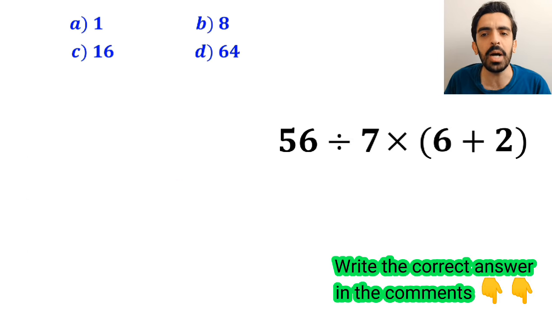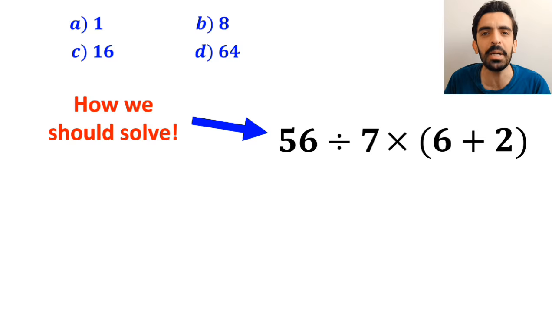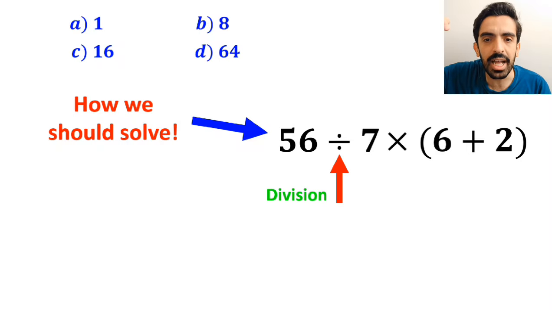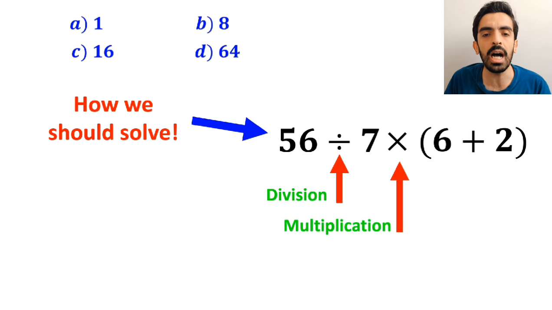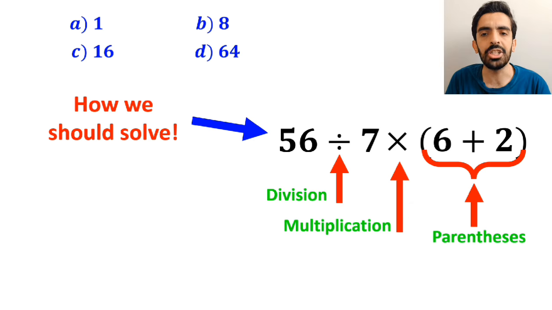Now let me explain step by step how we should solve this expression properly. As you can see in the image, in this expression, first we have a division sign, followed by a multiplication sign, and finally parentheses. To solve this question, we need to use the PEMDAS rule.